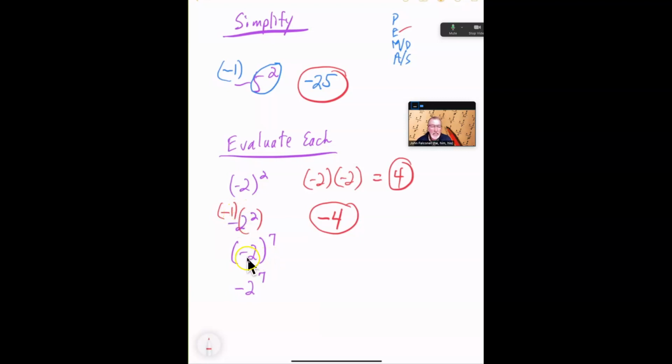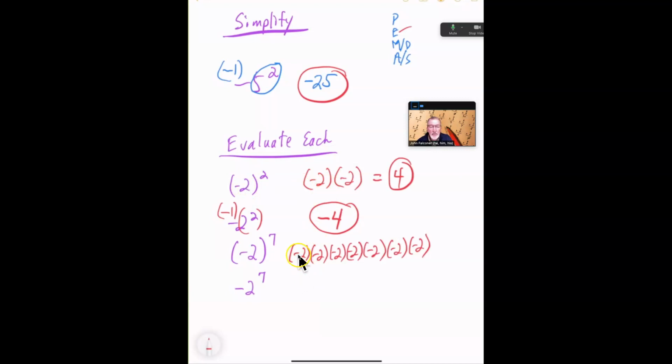Okay, the next expression, (-2) to the 7th power. So this will be similar to the earlier parenthesized one. That's seven factors of -2. So the approach is similar to the first one, (-2) squared.